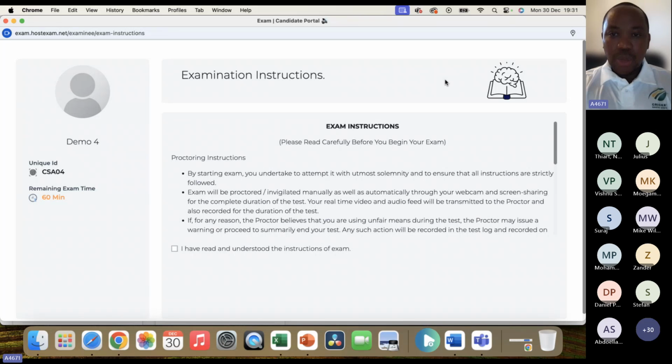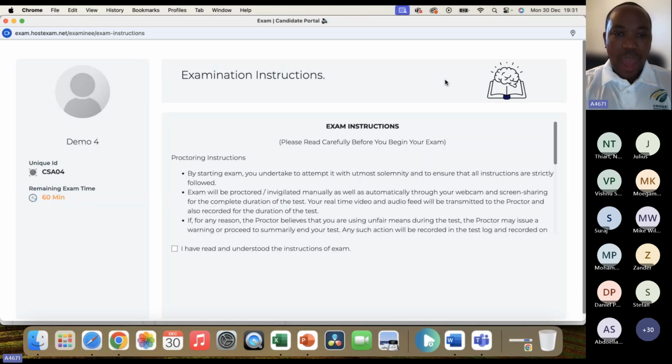So we will open the authorization section of this process at 8:30, which is 30 minutes before the exam is set to start. And Abdullah and I will be authorizing exam candidates in that 30-minute window before the exam starts.